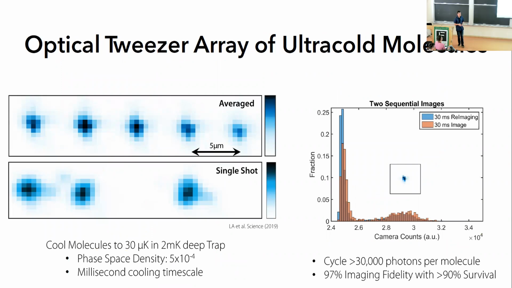This is done by simply overlapping these very small tweezer traps with the optical dipole trap and loading the molecules from the optical dipole trap into these small tweezer traps. And we once again see that the phase space density increases further, and we're now able to take sequential images of our optical tweezers with fairly reasonable fidelities, with survival fidelities really just set by the collection optics that we have in the experiment.